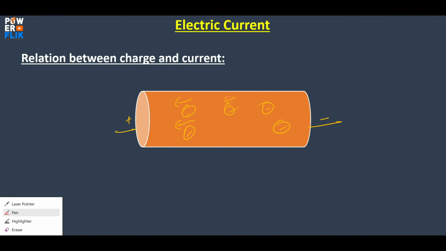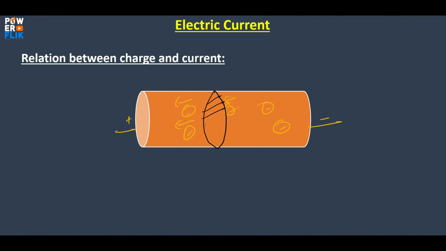For example, if I consider a cross section here, a very thin slice of the conductor, this is the cross section of the conductor. These electrons which are here must cross this cross section.